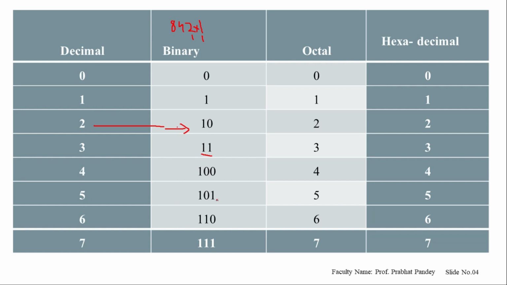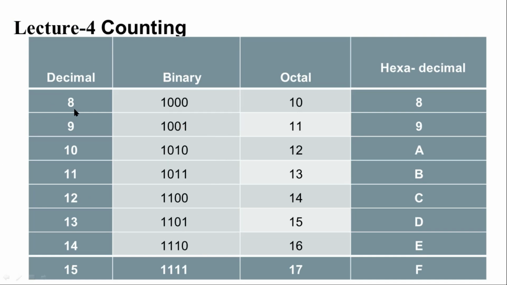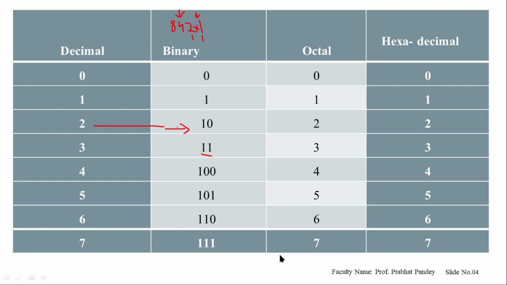Similarly 5 is 101, because 4 plus 1: we keep the fourth position bit high and the first position bit high. 6 is represented as 4 plus 2, so we write 110. For 7 we make all the lower 3 bits high, 4, 2, 1, so it is represented as 111.